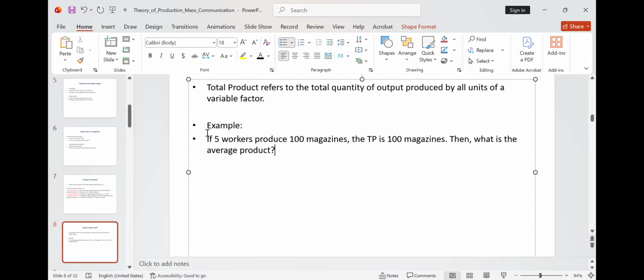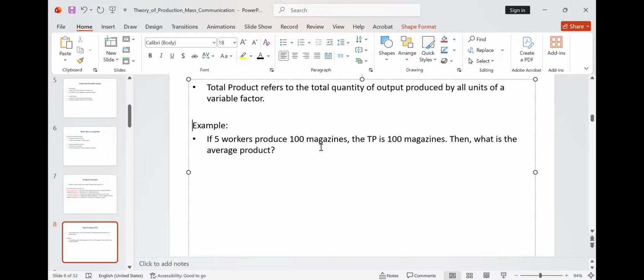As you said, the total product is divided by the change of output. There are 5 workers and they produce 100 magazines. Where are you getting 15? I said 100, total product is 100, and you have 5 workers. So how many would be the average product?